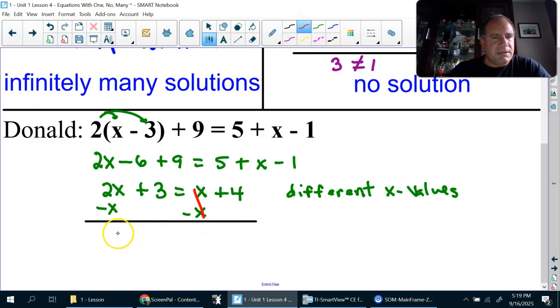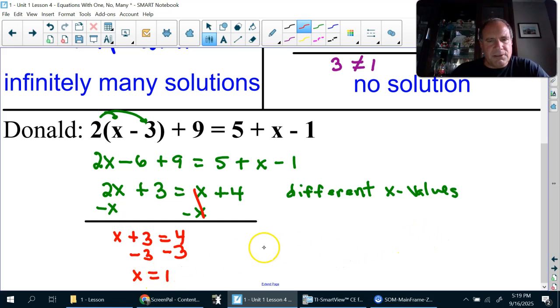This cancels. You have x plus 3 equals 4, minus 3, and x equals 1. And this is one solution.